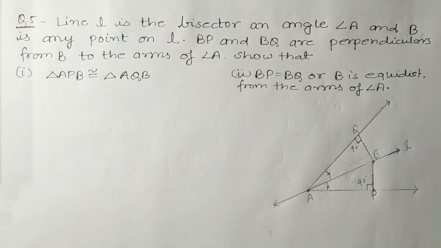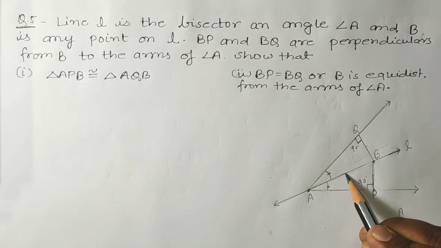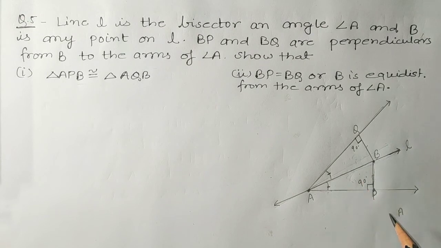Okay, how will we show that these two triangles are congruent? Let us think about it roughly. See students, in these two triangles, one angle is 90 degrees in this triangle and one angle is 90 degrees in this triangle. So we have one angle equal. One side we have as common in both triangles.